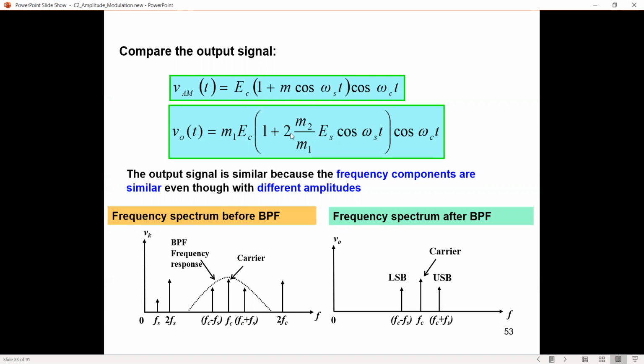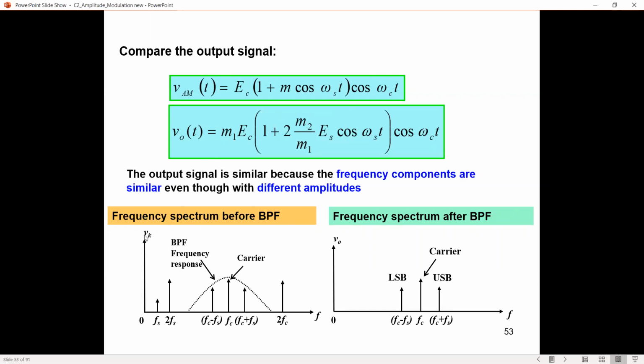And here 2M2 over M1 EM cos omega M, where omega S is also the same as omega M. So instead of just M cos omega S, it is 2M2 over M1 ES cos omega S. We can see that the difference is mainly in the amplitudes of EC and EM, but the frequency components are similar.